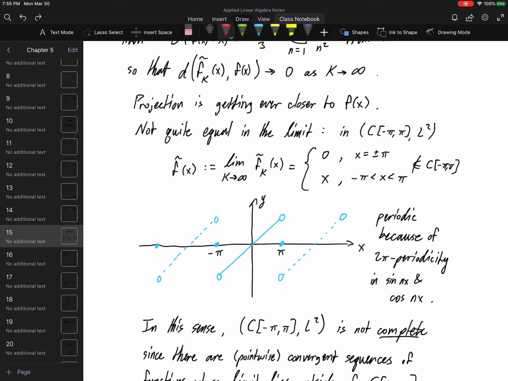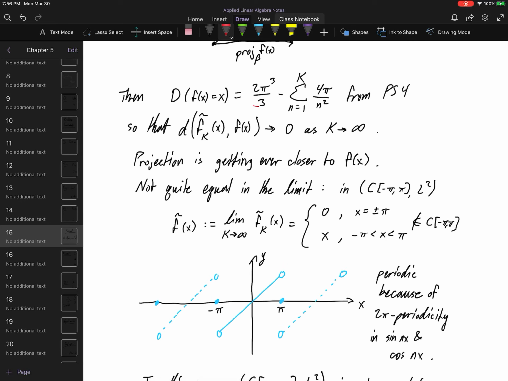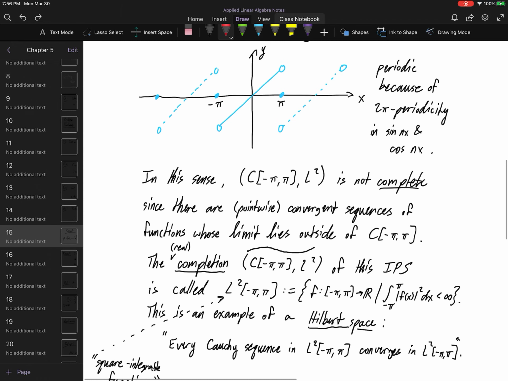So in fact, my limiting function is discontinuous, which means it does not live in C from minus pi to pi. Usually we want our limit functions to be in the space that the sequence comes from. This sequence definitely looks like it wants to converge on something, but that function is not in our space.